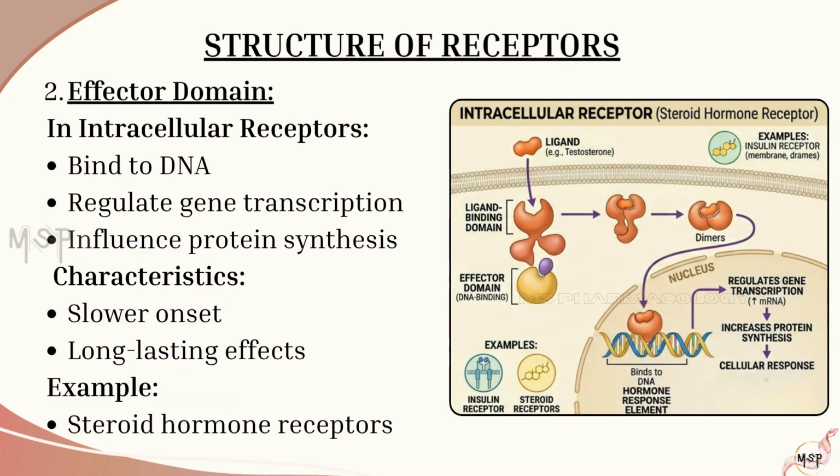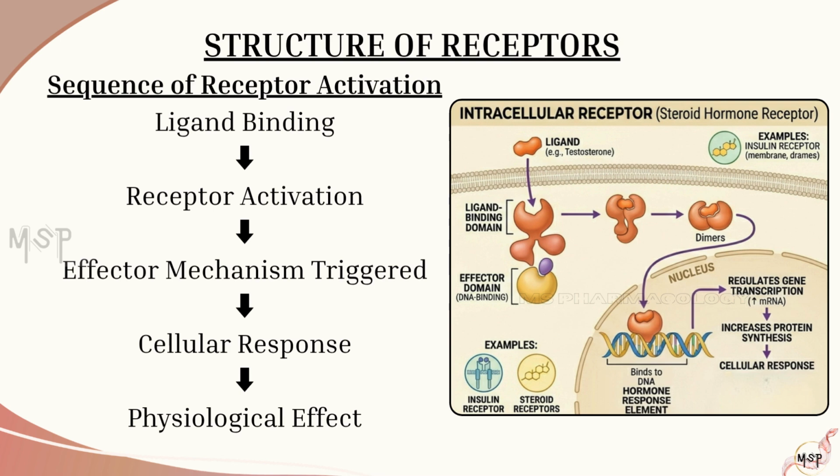In intracellular receptors, the effector domain often works differently. These receptors commonly bind to DNA and regulate gene transcription, ultimately influencing protein synthesis. Because gene expression takes time, these responses are generally slower in onset but much longer lasting. Steroid hormone receptors are classic examples of this mechanism.